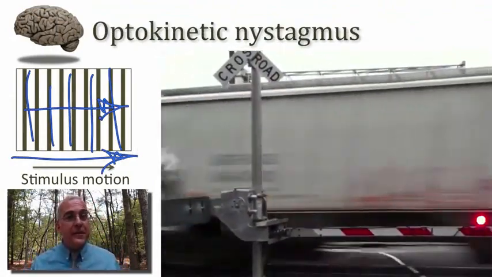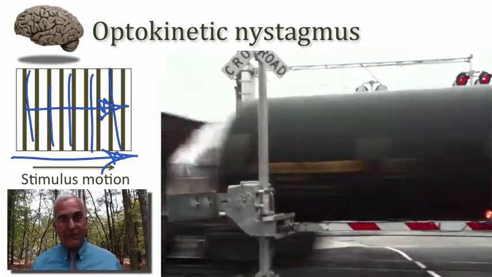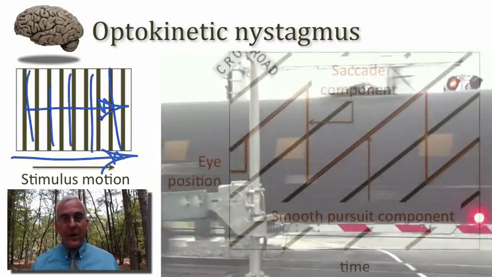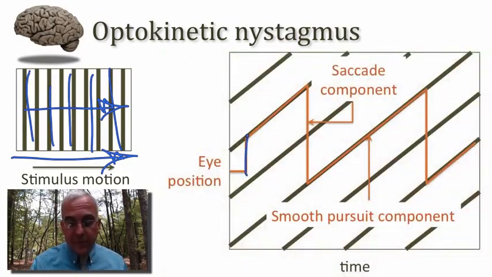It's really difficult not to be grabbed by that visual stimulus. And what happens? Well, what happens is that we tend to make a saccadic eye movement to some feature on that train. Maybe it's a window in a coach car, or maybe a door on a box car.